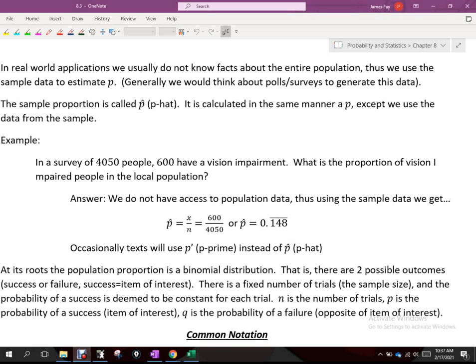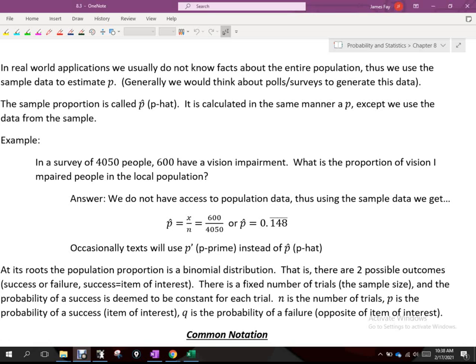But of those 4,050, 600 of them are vision impaired. So our P hat, the proportion of the sample that is vision impaired, would be 600 over 4,050, which is 0.148, and that repeats, 148, 148. So we call that P hat.